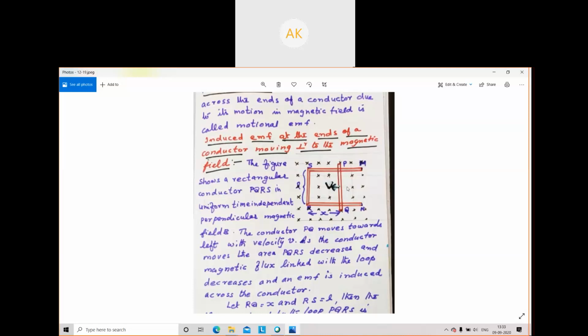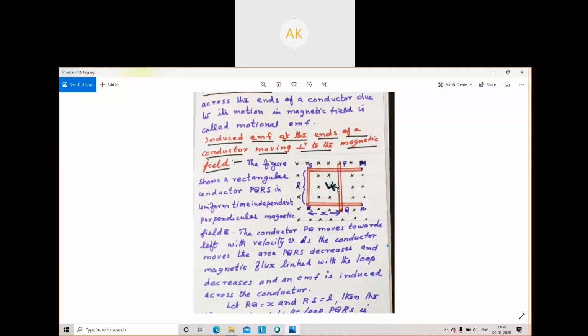Then what is PQRS? That is a rectangular frame. PQ is a conductor kept on that frame, and it is movable. PQ can be moved in or out. When it is moved inwards, the area enclosed by the loop decreases.